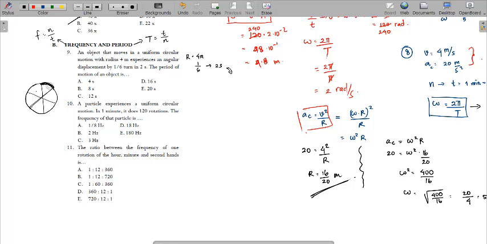This is 1/6. 1/6 turn in 2 seconds. So how much is the omega? Omega is theta divided by time. You have 1/6 divided by 2, so you got 1/12 radian.